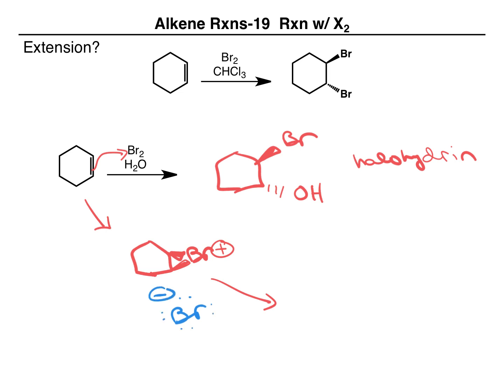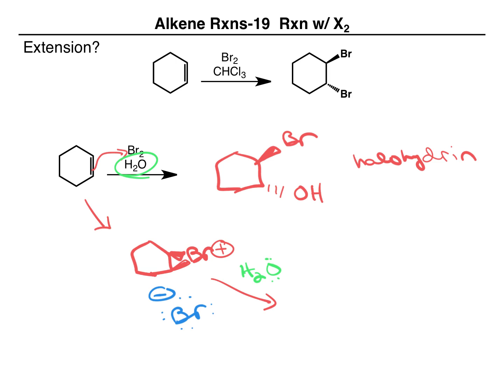But in this case, we also have present water. Now, if water is our solvent, that means we have many molecules of water compared to every Br minus. And so just thinking about probability, it's quite likely that water will bump into the cyclic bromonium ion.